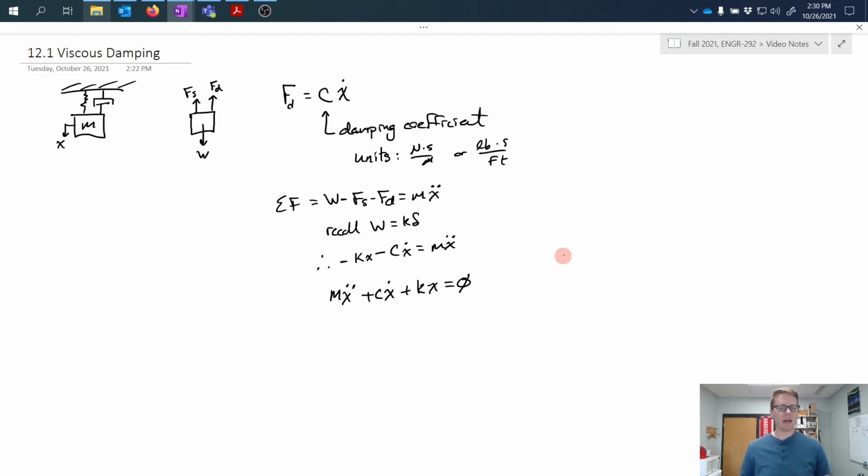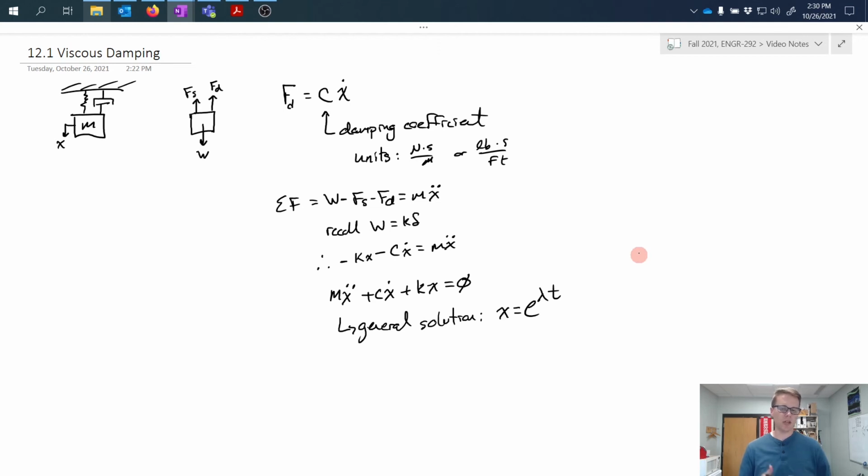You may not have taken a differential equations course prior to taking a course in dynamics, so we're not going to worry too much about how to arrive at a solution to this equation, but we will say that there is a general form solution which looks like x equals e to the lambda t, lambda being the commonly used variable to represent the constant that defines the solution to this equation.